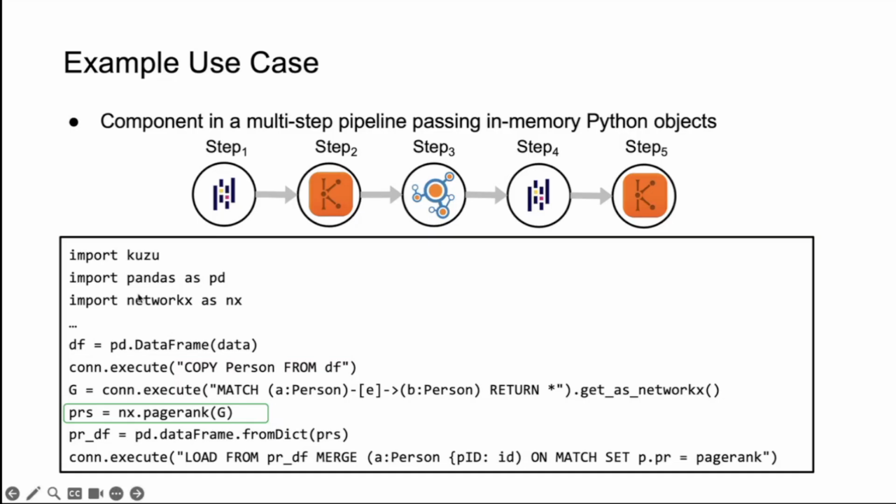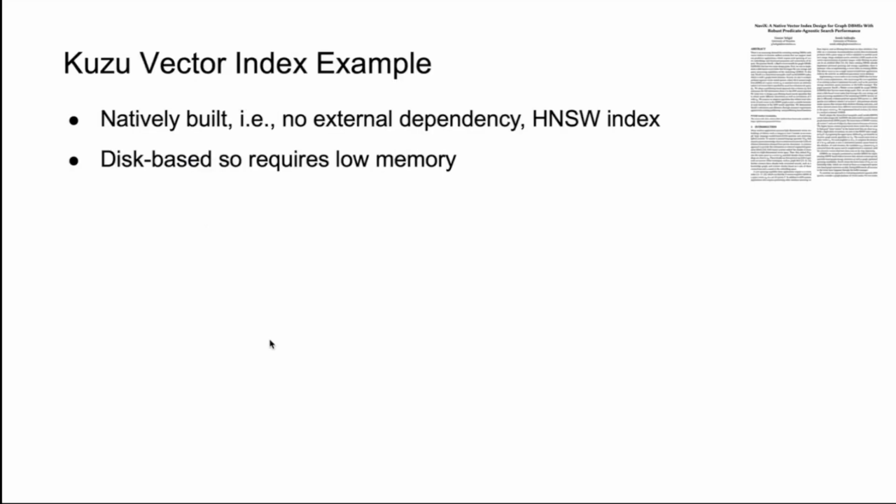PageRank isn't a good example because you can also do that directly in Kuzu, but for whatever reason, you might want to do certain things in NetworkX, get those results, move that back into a data frame and give that back into Kuzu. If you look at this code, there's a seamless scanning of Python objects and outputting Python objects in and out of Kuzu. This is what I mean by being a Python friendly, or especially data science friendly, library.